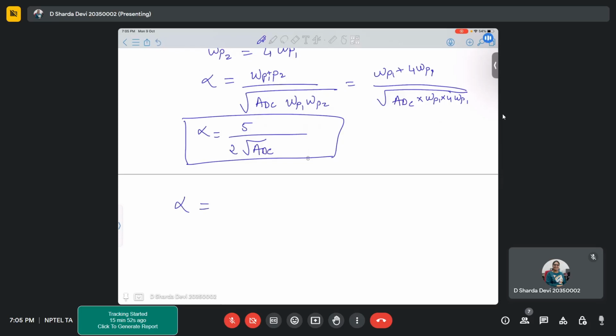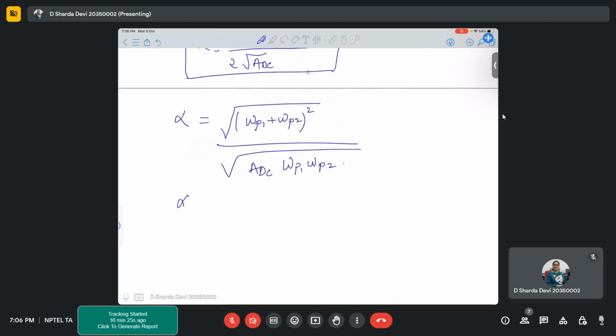Now we can also write alpha as (omega p1 plus omega p2) whole, square root under, by root under ADC omega p1 omega p2. I can write it like this, right? It's just rewriting it to do some further simplifications.